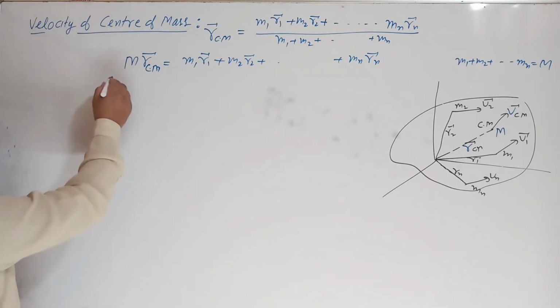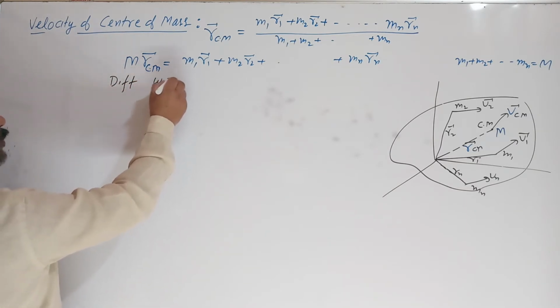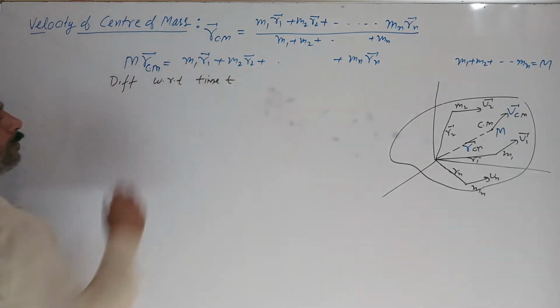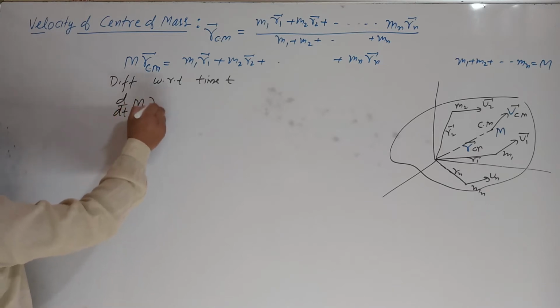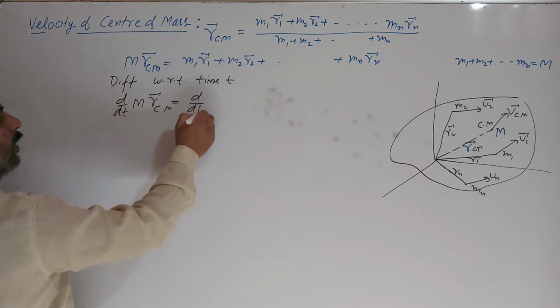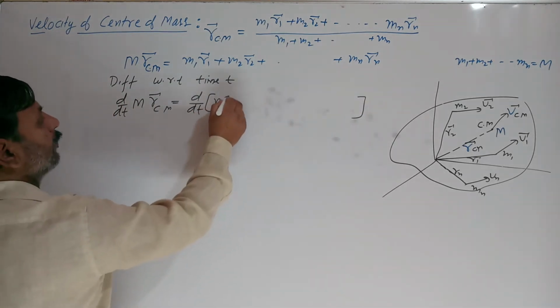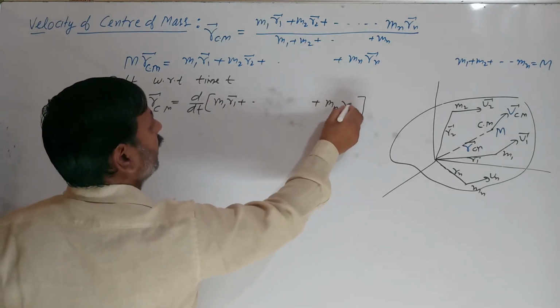Differentiating both sides with respect to time t, d by dt of M rcm is equal to d by dt of the total m1 r1 plus m2 r2 plus mn rn.